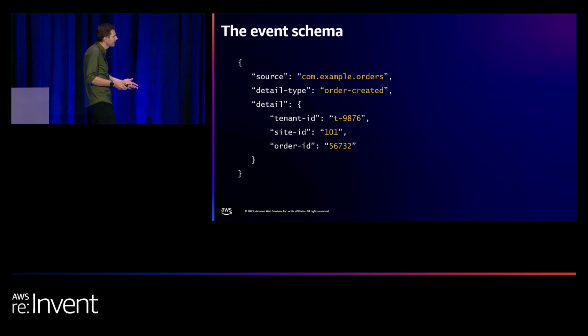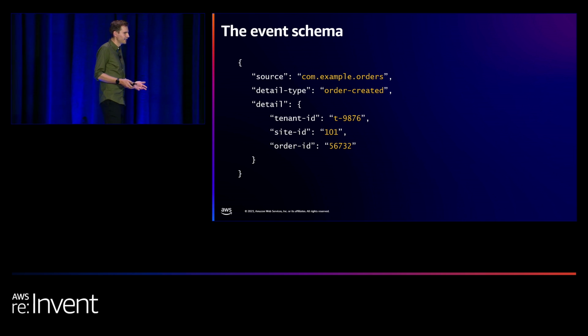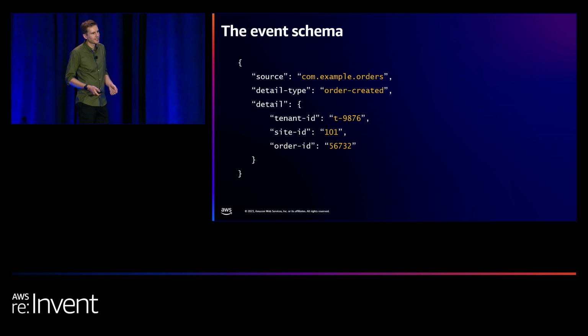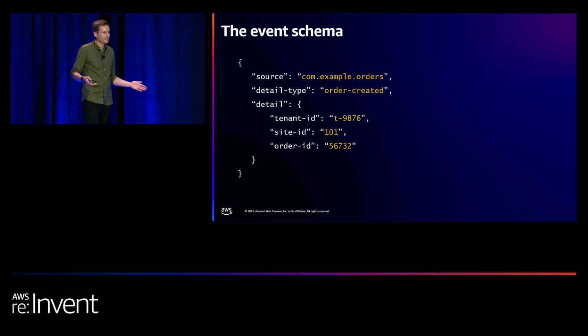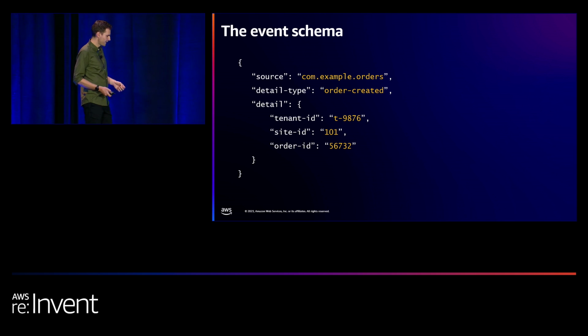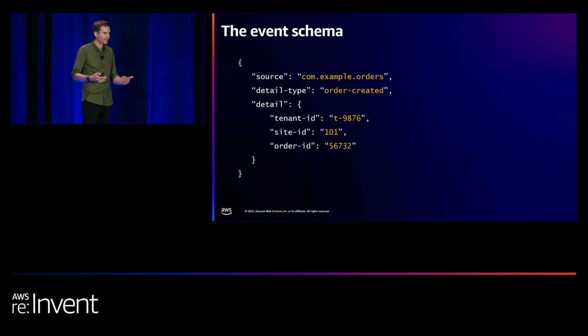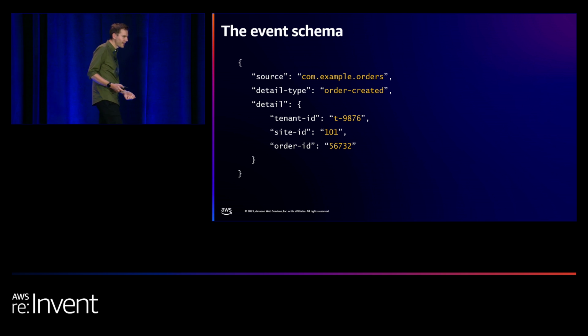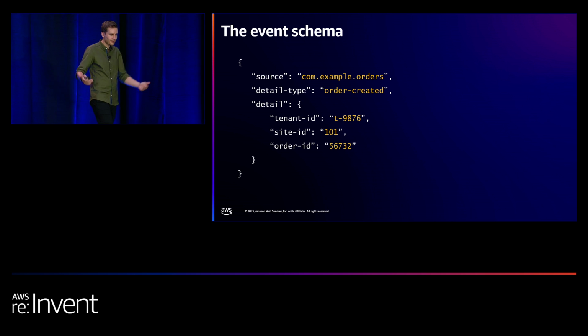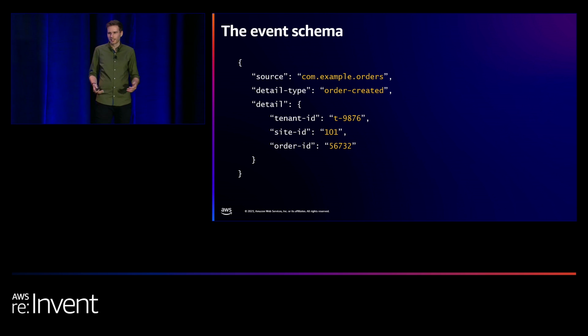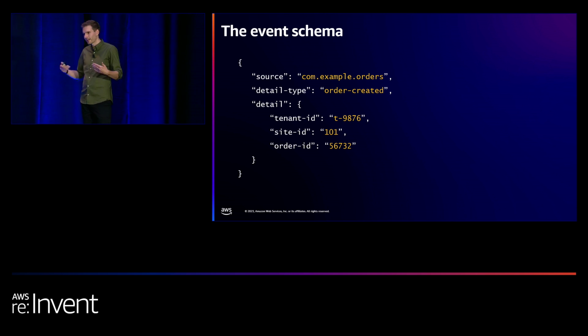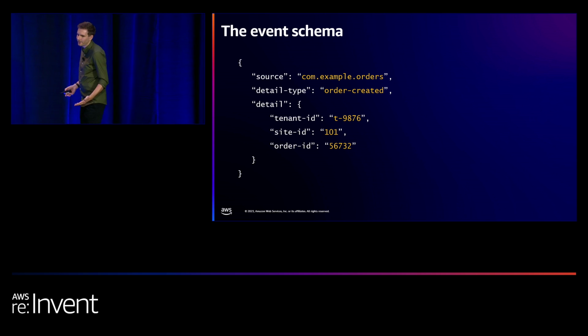And then inside this detail object, we can have any kind of key-value attributes that we like, up to the maximum size of the message payload. But here is where we should think about our metadata, making sure that we have that tenant ID, that tenant context, to pass through to downstream services in case they want to use it, for example, logging, metrics, assuming temporary credentials, etc.